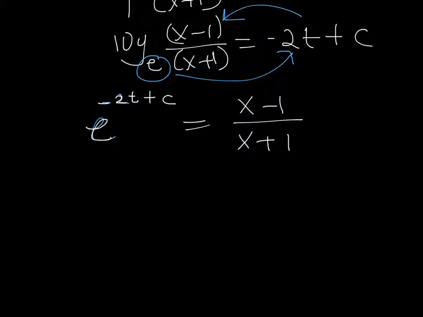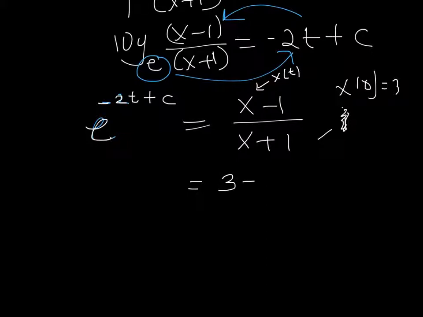Okay, so let's see. We can use our initial condition right now to find c. So let's go ahead and do that. We know x of 0 is 3. So we know that this is really x of t, but we're doing x of 0.